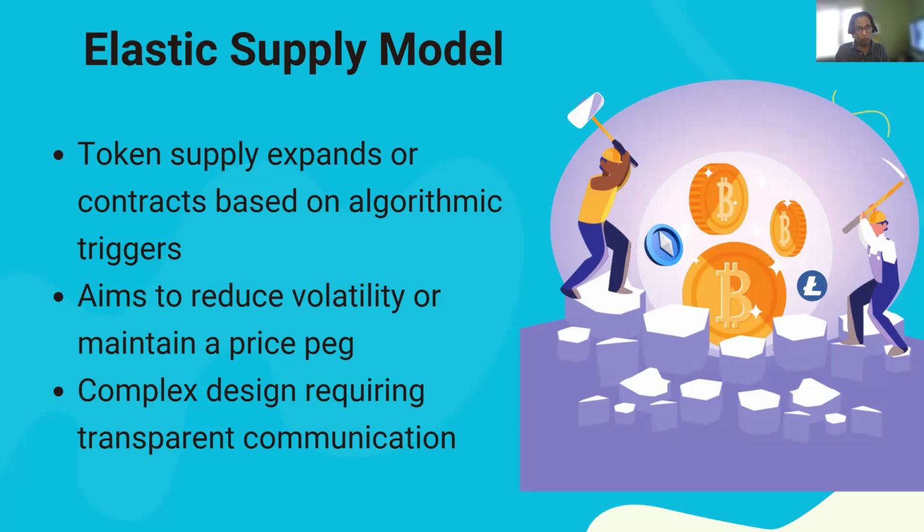Again, all those changes and rules you need to set up in the beginning, and you need to clearly communicate that to your users so that they can understand, they can buy in, they know exactly what tokenomics they are getting into, and you are able to attract more customers coming into your network, thereby you can grow your community. So all those things need to be codified in the blockchain application wherever you are deploying it.